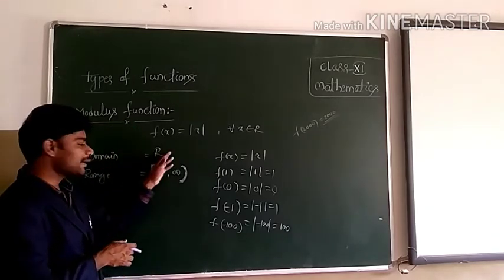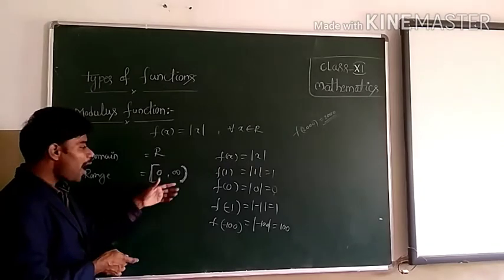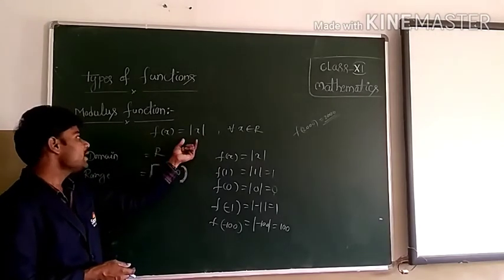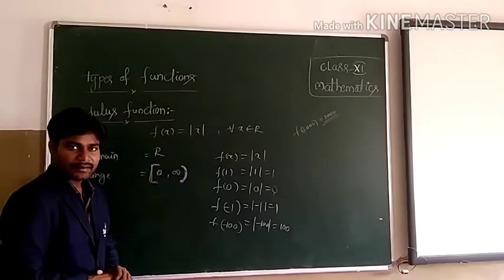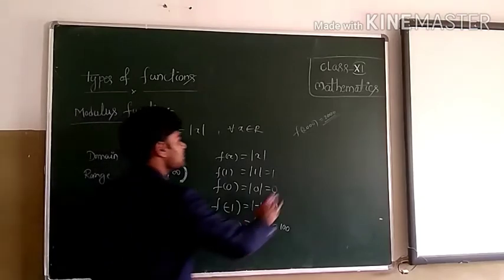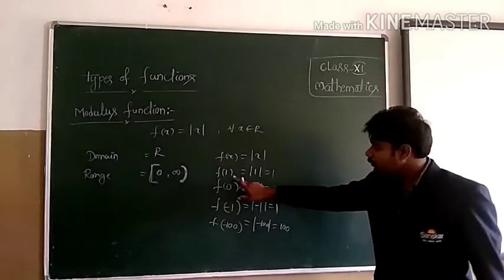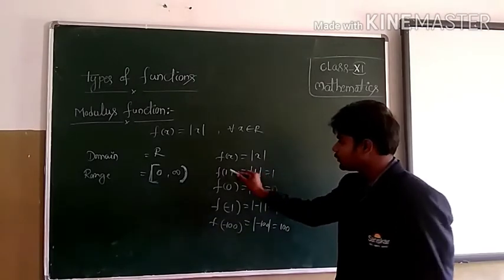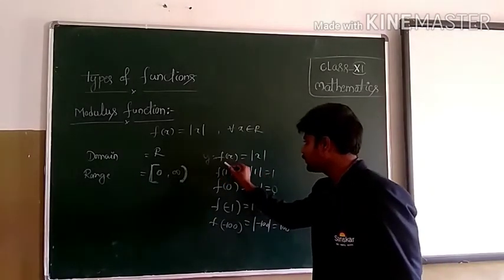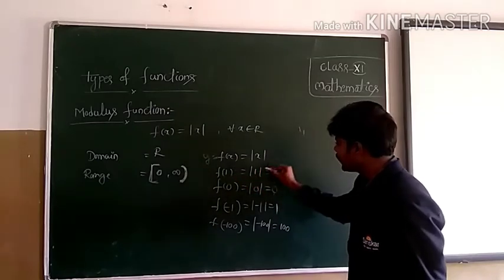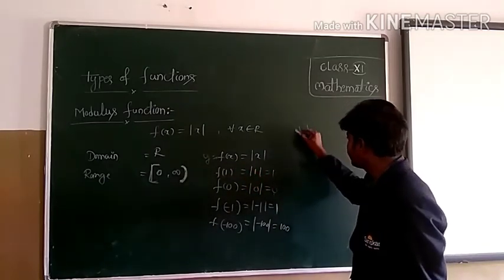Earlier function domain is R and range also R, but this function is different, because the function is f of x equals modulus of x. Right? So this function's graph is like this. Let's see the graph in order pairs. Suppose this is y equals f of x. What we give for x is 1, then what is the y value here? 1.